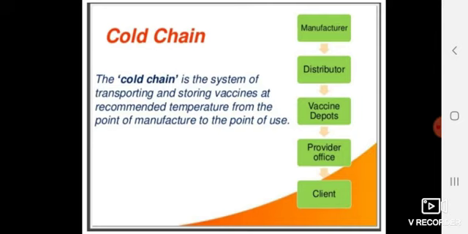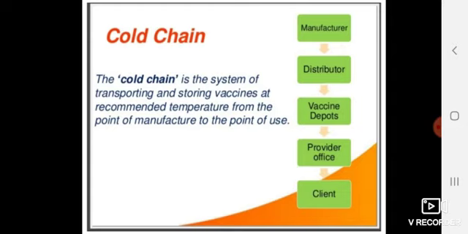Cold chain is a system of transporting and storing vaccine at the recommended temperature from the point of manufacture to the point of use, where that vaccine is delivered up to the client.